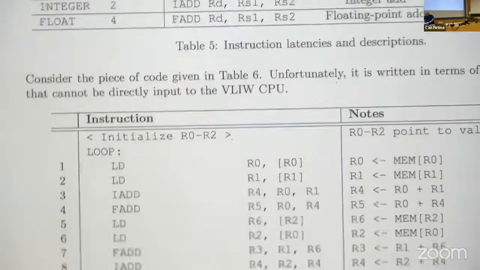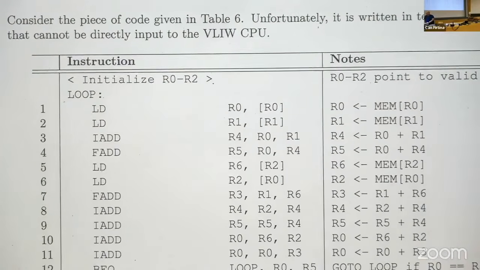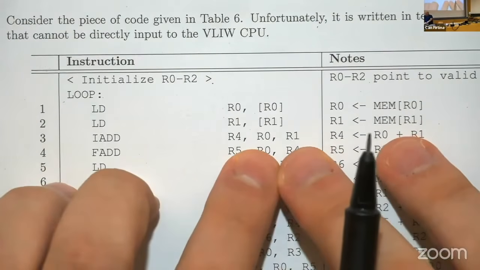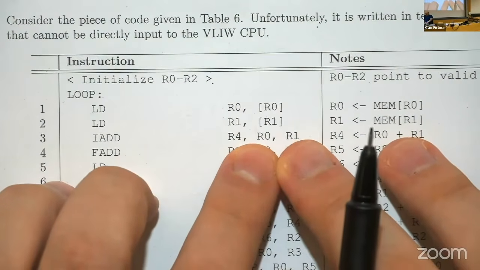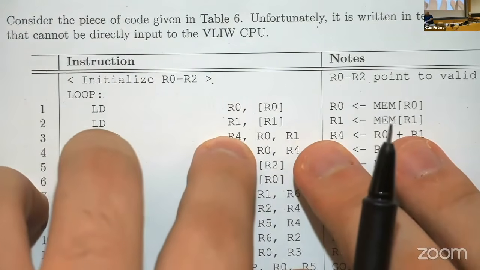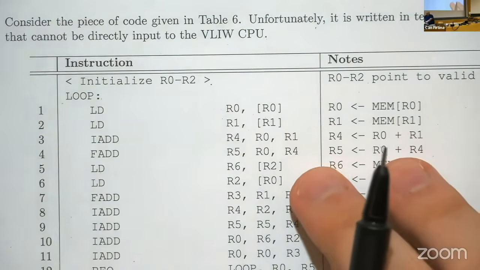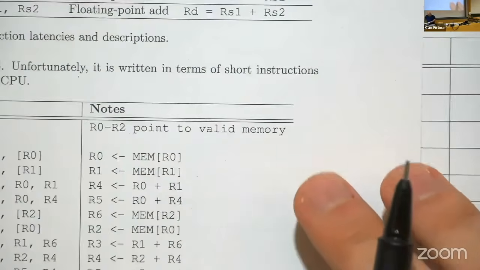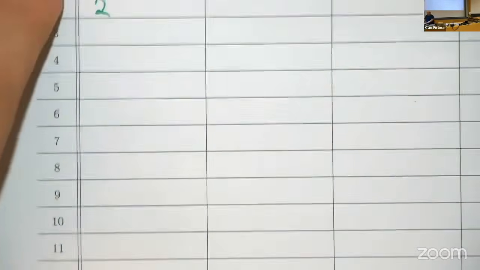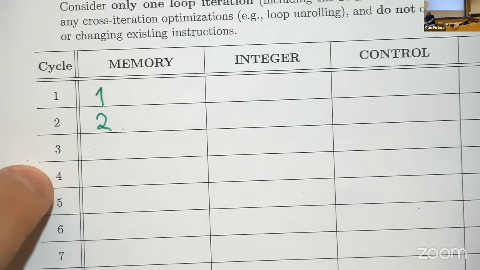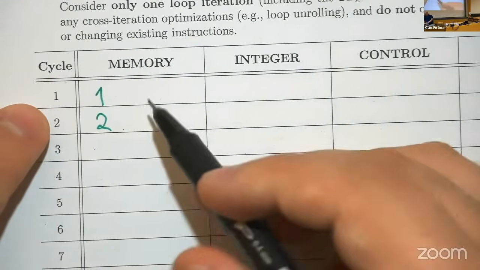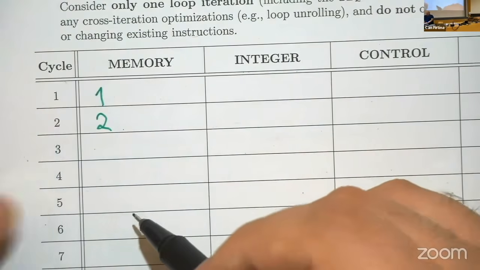Great. So the next instruction up is this integer add. Now, this integer add takes in 2 arguments, R0 and R1, and those are the values that we're loading in these first 2 instructions. The issue now is that these are not immediately available. The value that we're loading in the first instruction, because this is a load instruction, becomes available for use in cycle 4, and the one in the second instruction becomes available for use in cycle 5.